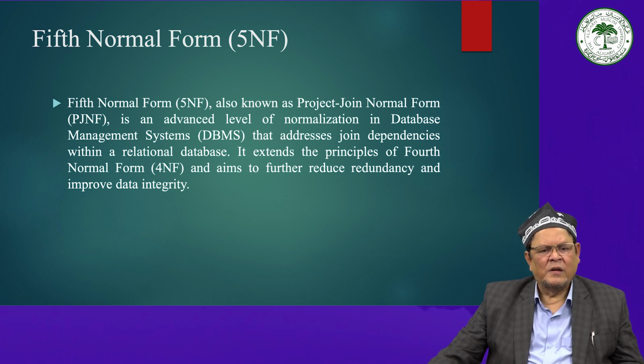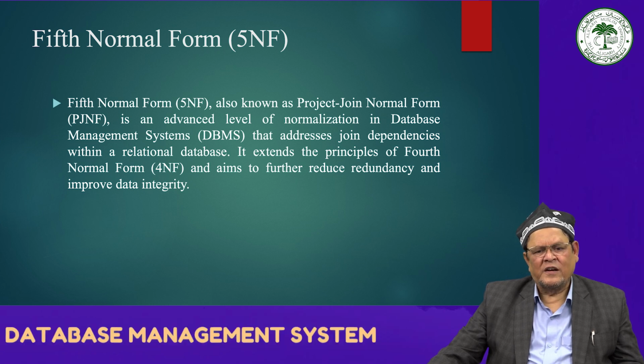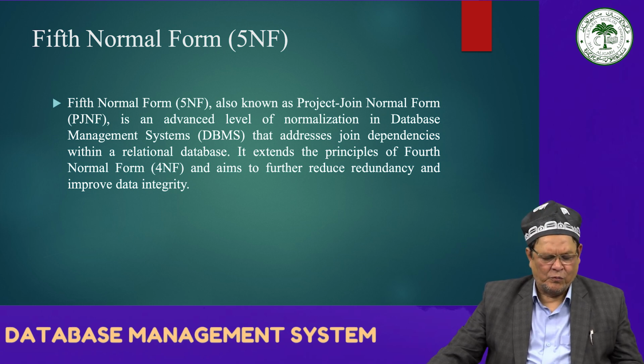Overall, achieving the fifth normal form enhances data integrity and consistency in the database by minimizing redundancy and dependency related to join operations. It provides a more robust data model that reduces the risk of anomalies and facilitates efficient data storage, retrieval, and manipulation.